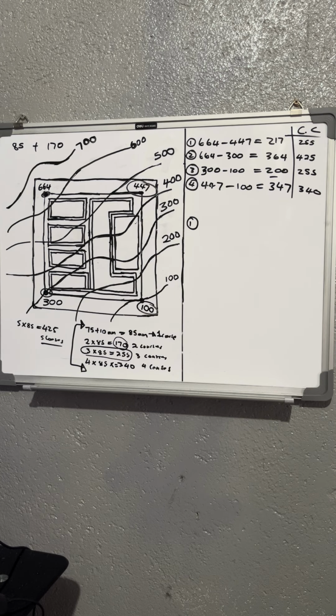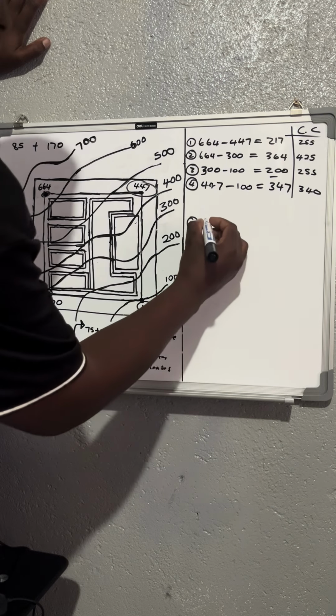You see? So you're going to write it like this. You have your 1 times your 85 plus your 1 times your 170. So if you add this, all is still going to give you 255.